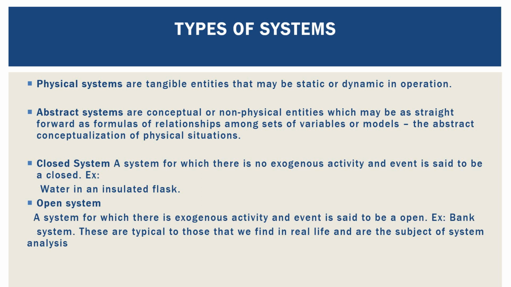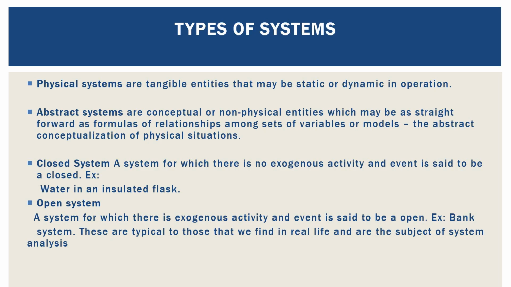Then we can have what we call a closed system. This is a system where there is no exogenous activity, and the system is said to be closed. Remember, we said an exogenous activity is an activity that occurs from outside the environment.